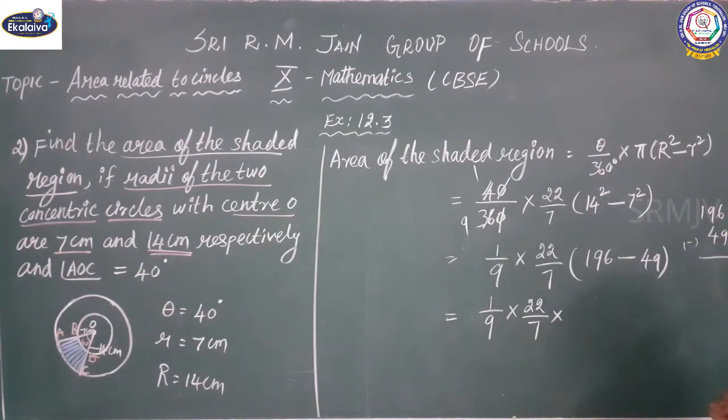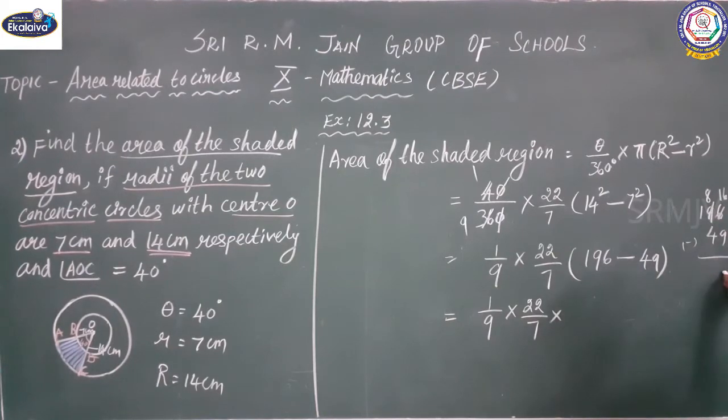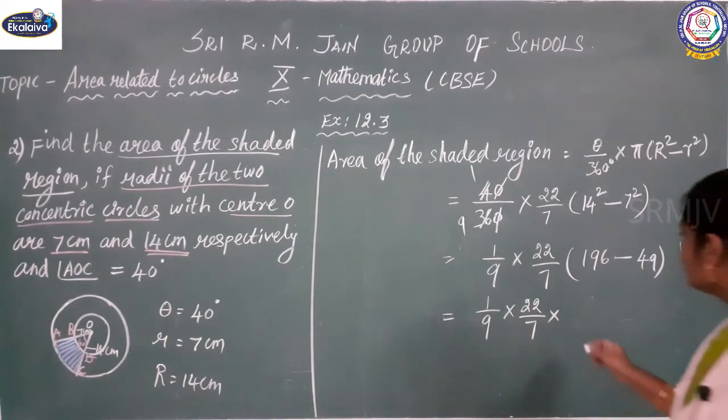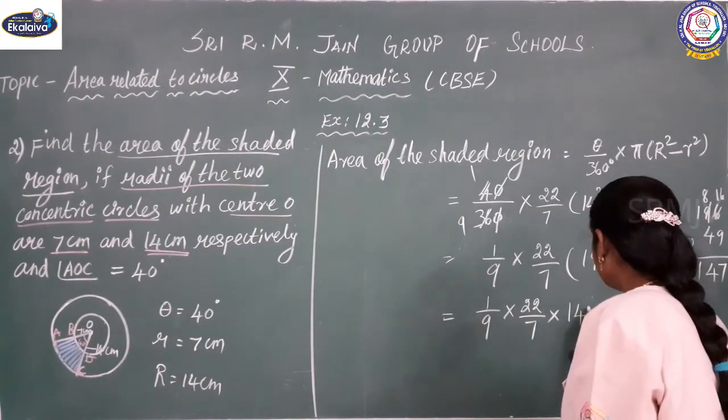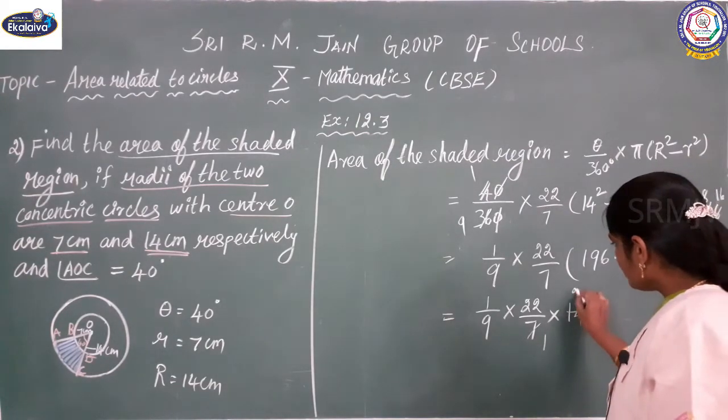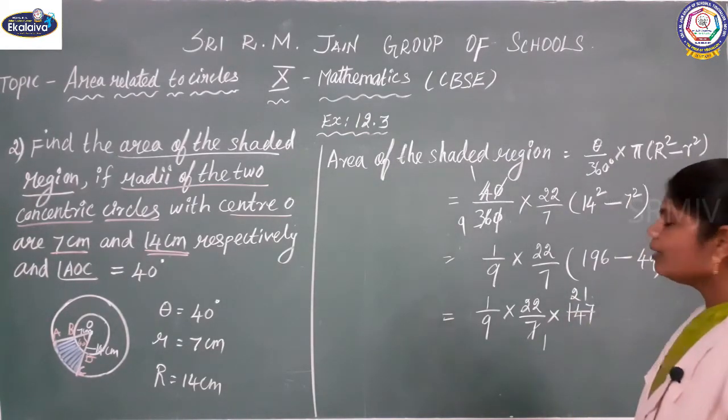So 6 minus 9 we can't do, so just borrow. It becomes 8, it becomes 16. 16 minus 9 will get 7. Next, 8 minus 4, 4, 1. Okay, so 147. 7 ones are 7, 7 twos are 14, 7 ones are 7.